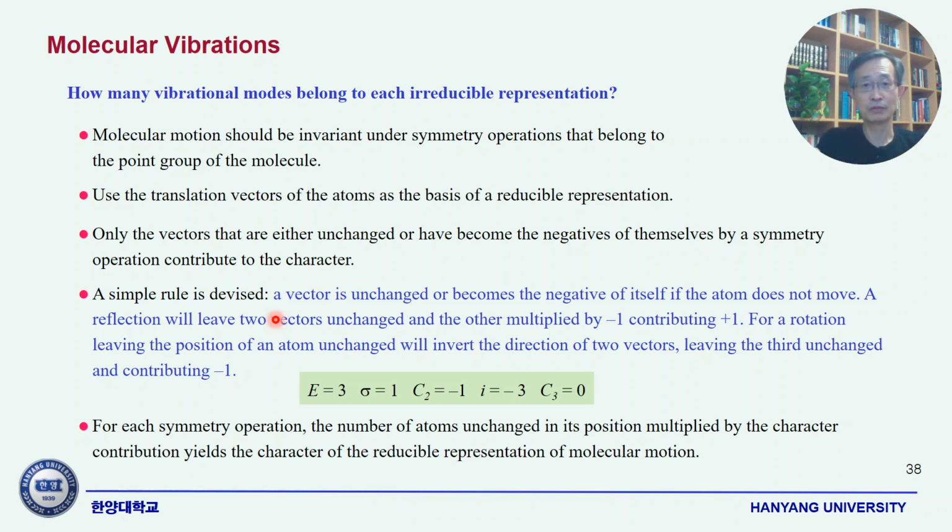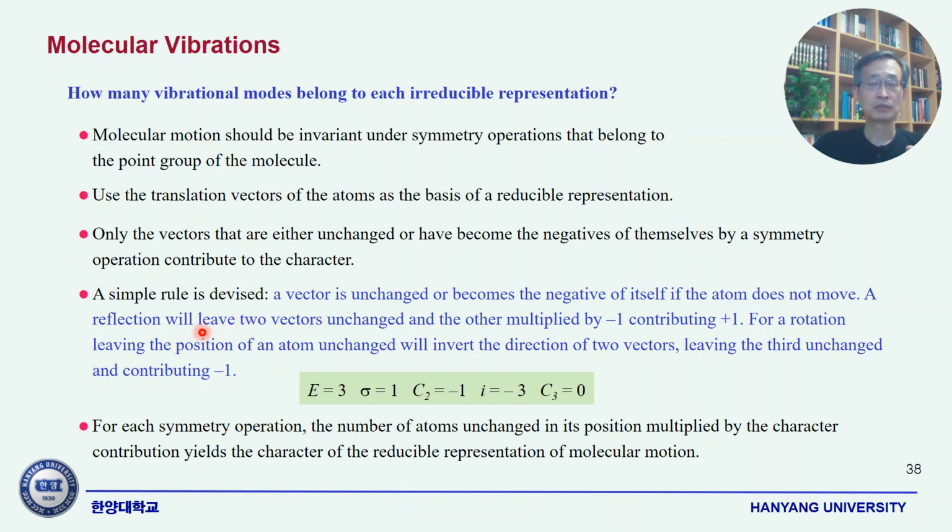We'll check what these mean with the example. Okay, so only the vectors that are either unchanged or become negative of themselves by symmetry operation contribute to the character. The rule of thumb is that a vector is unchanged or becomes the negative of itself only if the atom is not moved. The first condition is that the atom must not move for the operation.